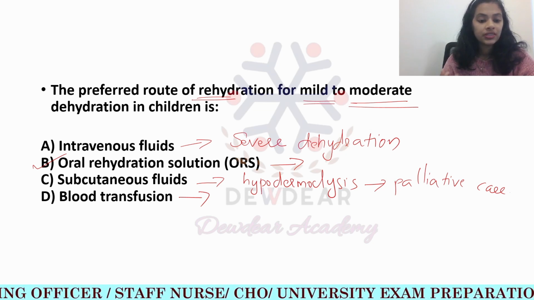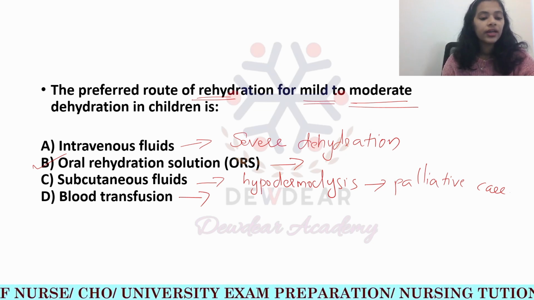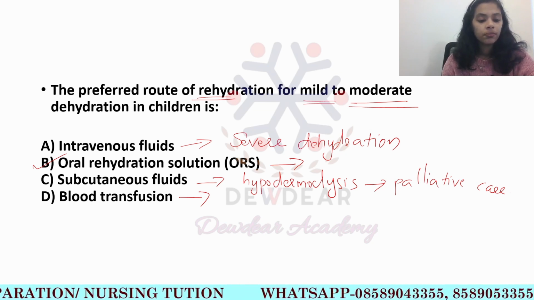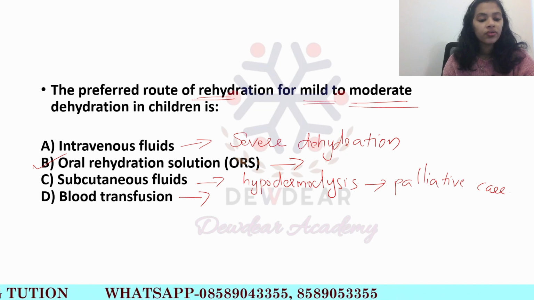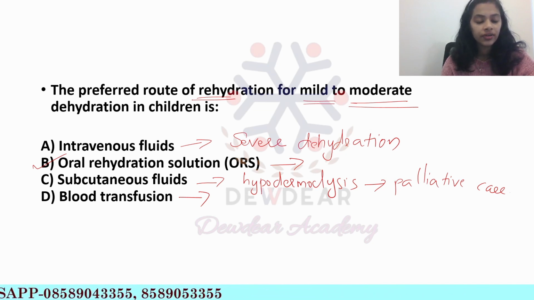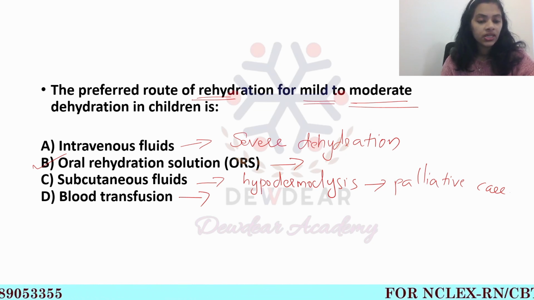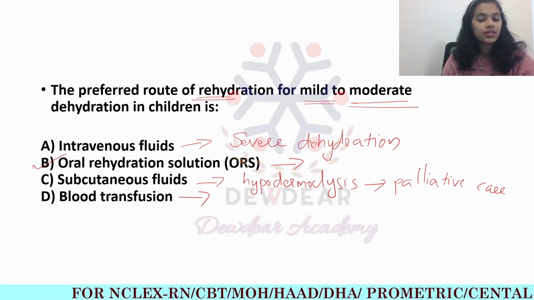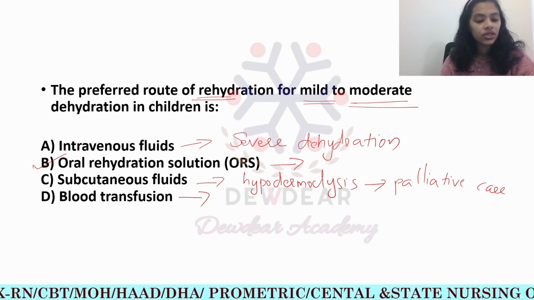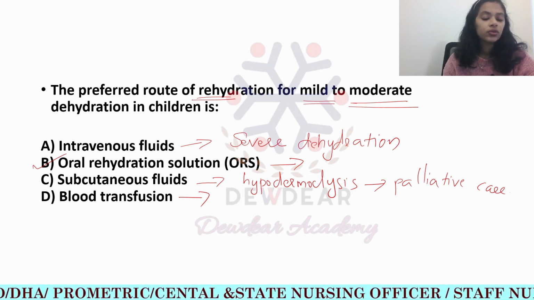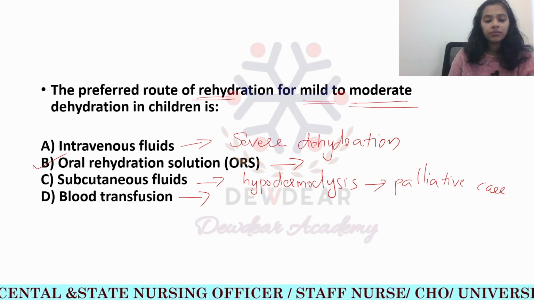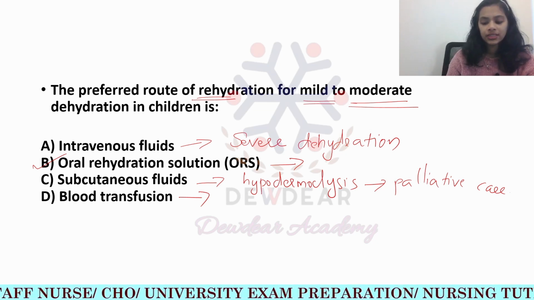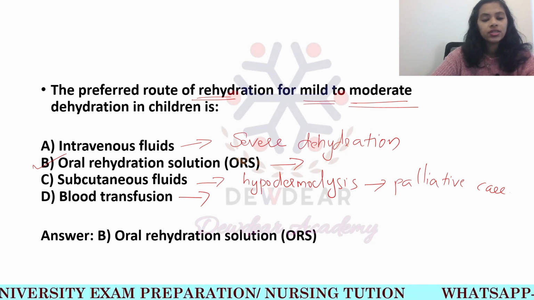Regular use prevents progression from mild or moderate dehydration to severe dehydration, preventing further complications. These are some of the reasons why ORS is validated by the World Health Organization as the gold standard method for managing dehydration, mainly in pediatric patients with gastroenteritis. So option B, oral rehydration solution, is the correct answer.